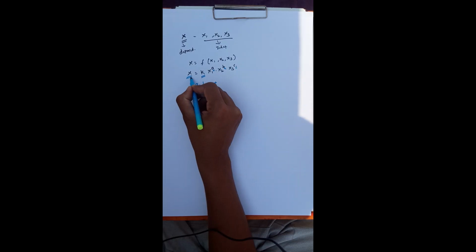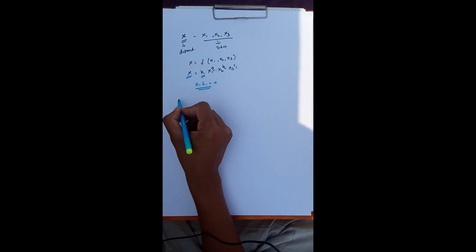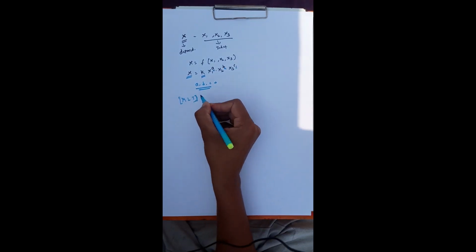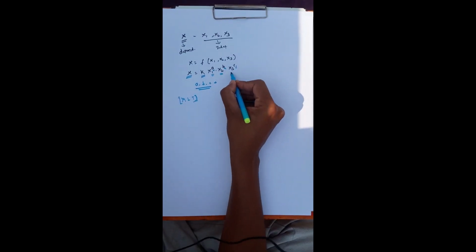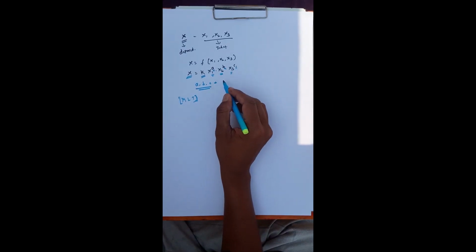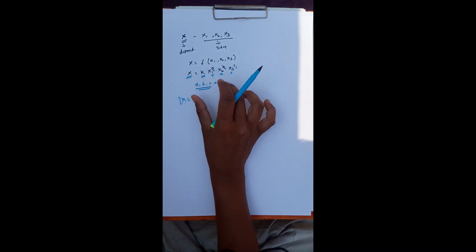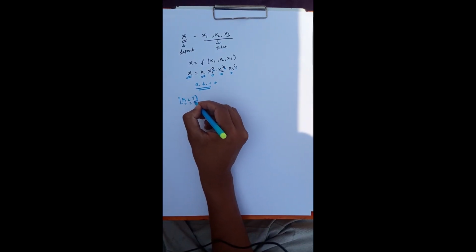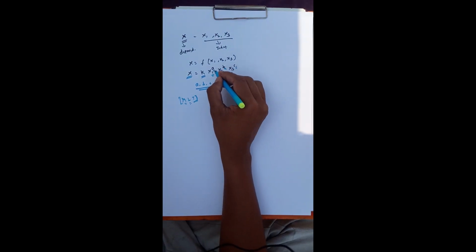That means if I take the fundamental dimensions of x in terms of M, L, T, and the fundamental dimensions of x1, x2, x3 in terms of M, L, T, then by comparing the powers of the fundamental dimensions M, L and T, we will get the values of a, b, c.